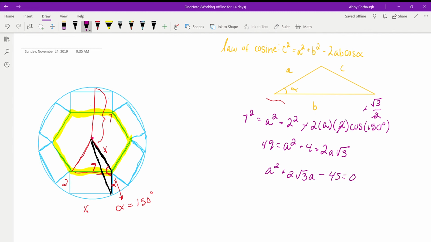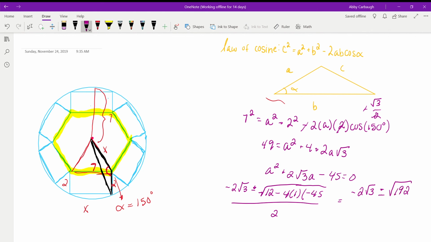Now we're going to have to use the quadratic formula and plugging that in, all over 2. Okay, so we have this, and then simplifying, we get minus 2 root 3 plus or minus the square root of 192 over 2.